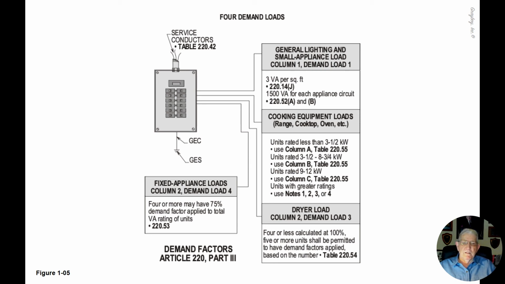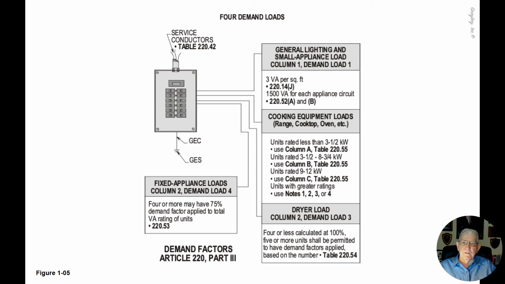Now, the dryer equipment also has a demand load that could be applied, and there 4 or less dryers is 100%. But if you're in an apartment complex, for example, and you have a number of dwelling units, then you can go to table 220.54, and based upon the number of units, you can apply a demand factor there.